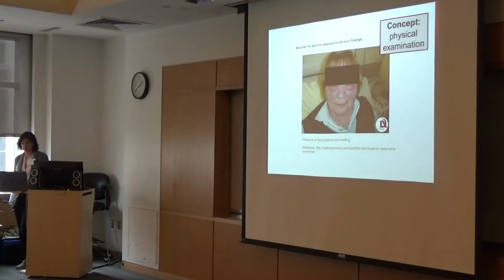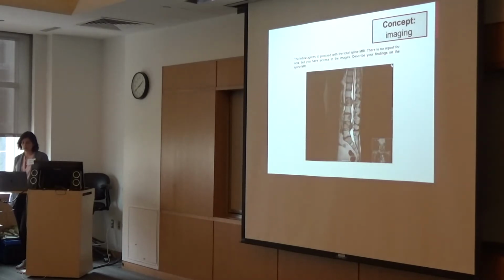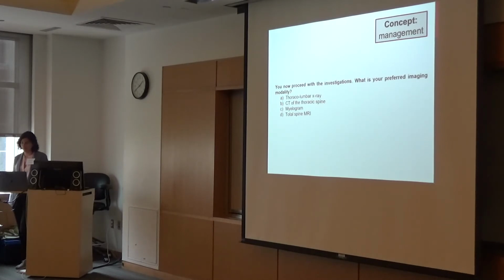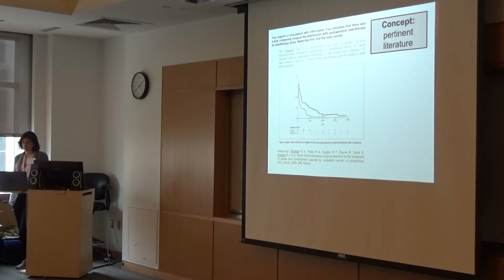Findings on physical examination, how to describe imaging, staging with links to references like the AJCC, and management questions. It also ends up being an important source for residents who are going to be on call, because we include the pertinent literature that they need to know surrounding these types of problems.